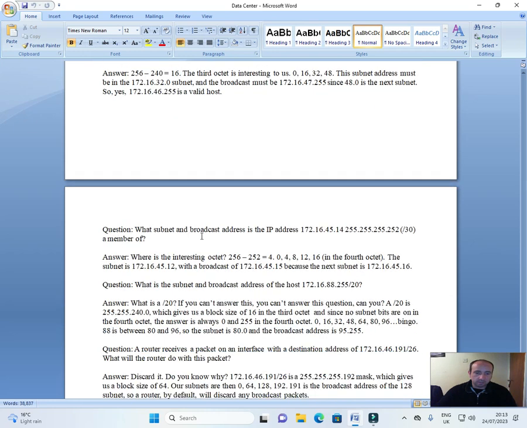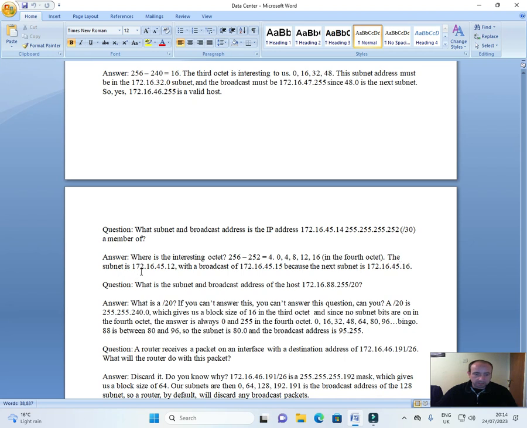Question: what subnet and broadcast address is 172.16.45.14, 255.255.255.252/30, a member of? Answer: where is the interesting octet? 256 minus 252 equals 4. 0, 4, 8, 12, 16 in the fourth octet.